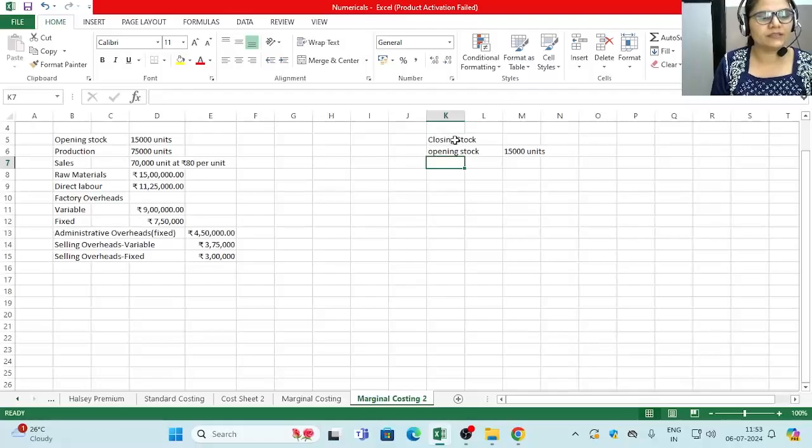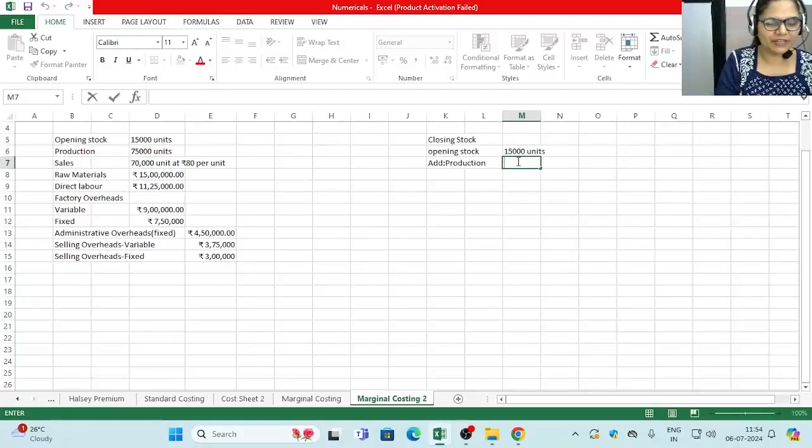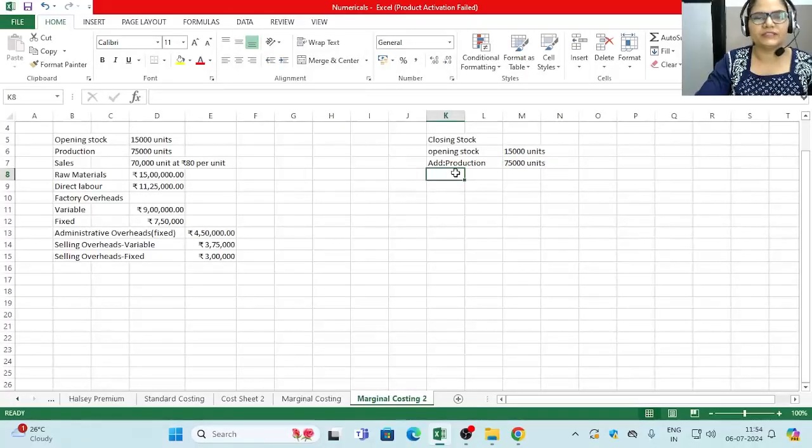Next, add production. How much production have we done? Opening stock was 15,000 units. Production we have done for the year was 75,000 units. And these are the goods available for sale.